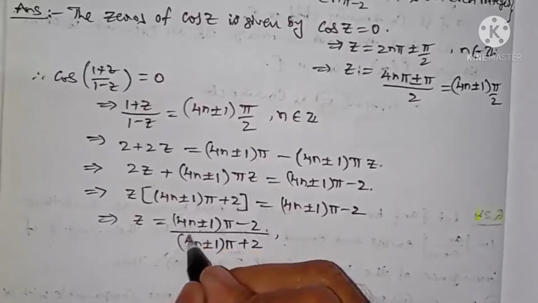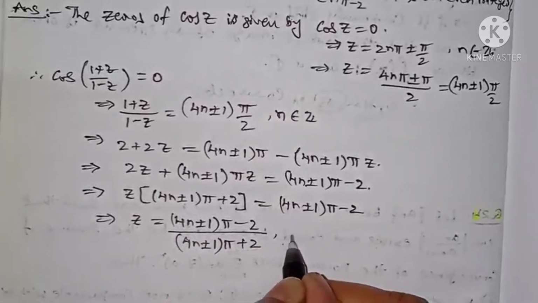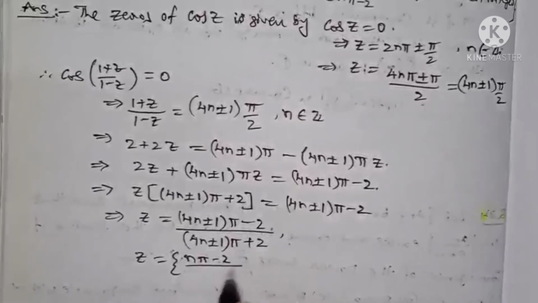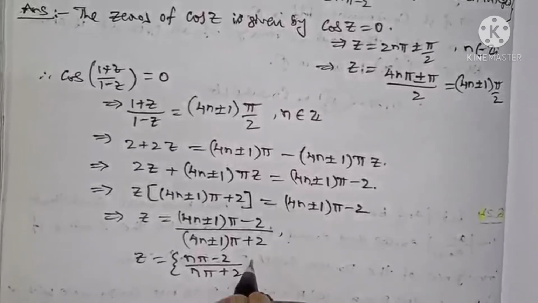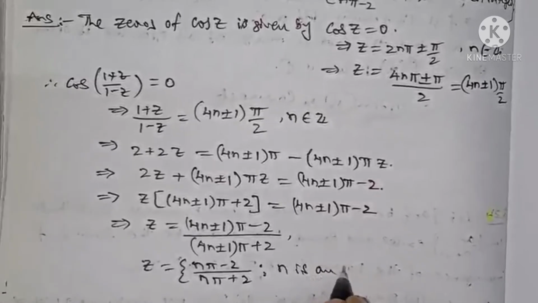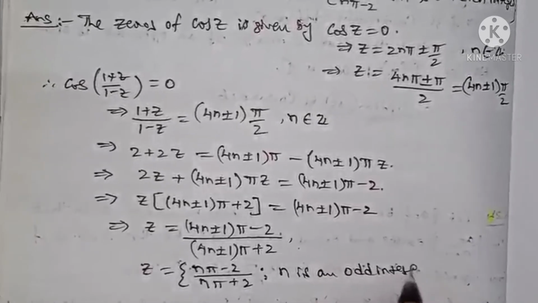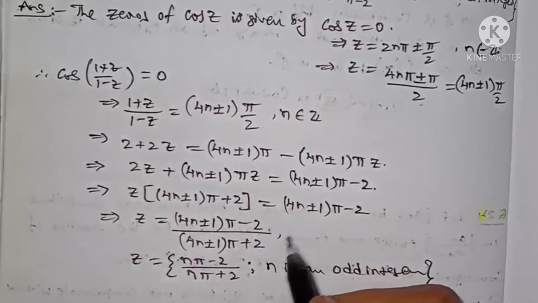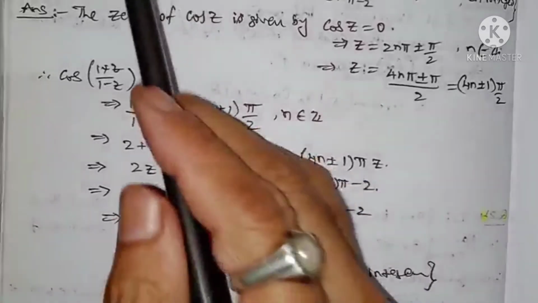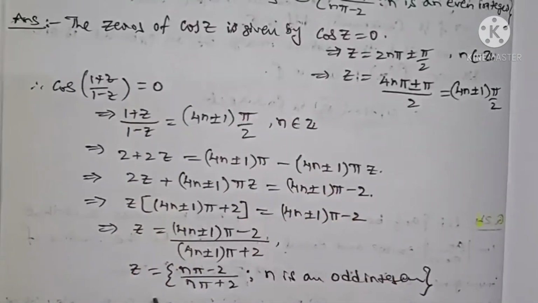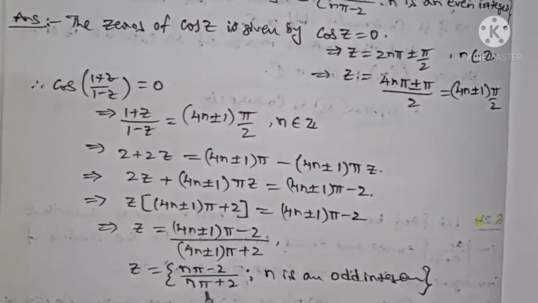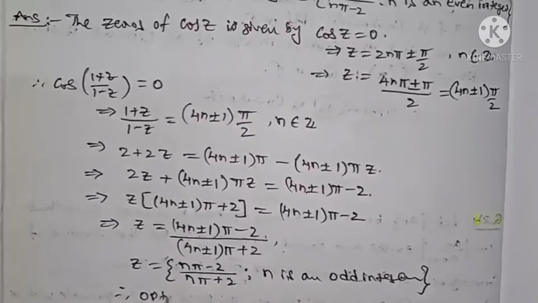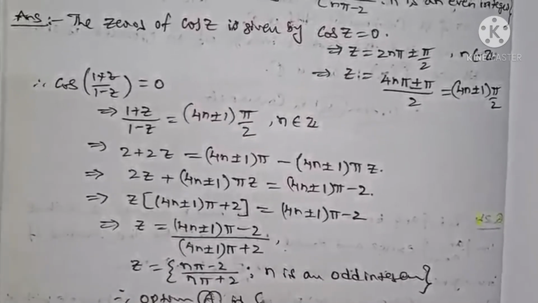If we take this as n, some odd integer, then the set of zeros is the set of all (n pi minus 2) by (n pi plus 2) such that n is an odd integer. So the set of zeros of cos of (1 plus z) by (1 minus z) is given by the set of all (n pi minus 2) by (n pi plus 2) such that n is an odd integer. Therefore our option number A is correct.